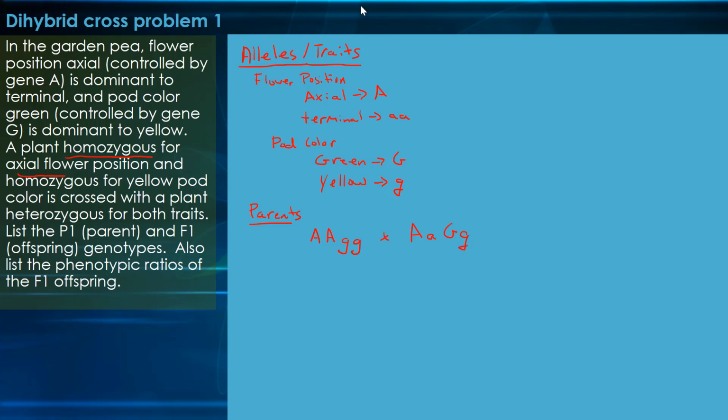Okay, Punnett square time. We're going to need to figure out what our alleles are. Let's leave some space up here for our Punnett square, though. Our gametes. The only possible gamete right here, big A, little g. What about this? How many different gametes can this create?